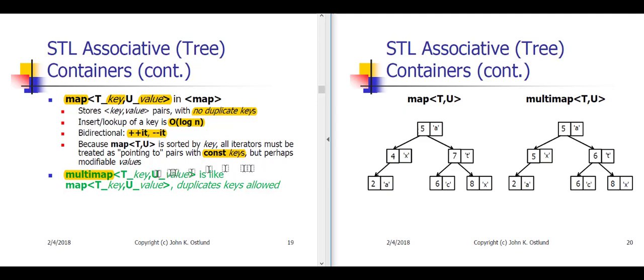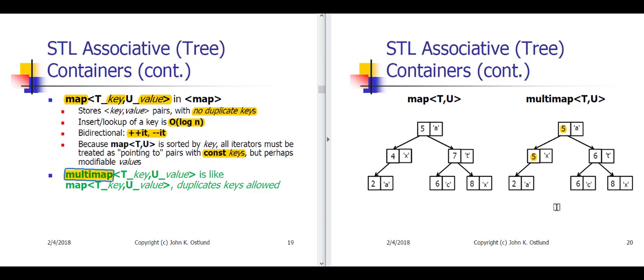The difference between a map and a multi-map is that in a multi-map, a key may occur multiple times. So here we have a key of 5 associated with the character a, and here we have a key of 5 associated with the character x. How might this ever occur?